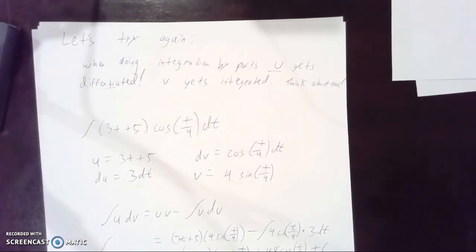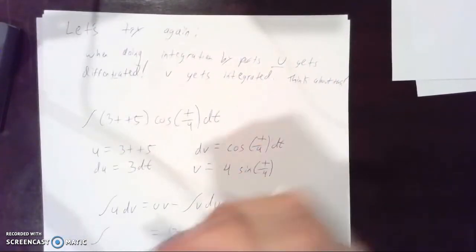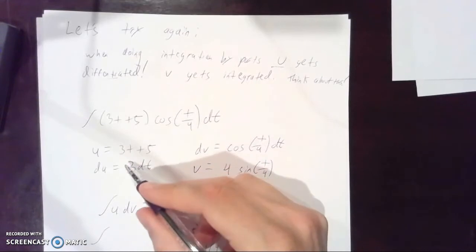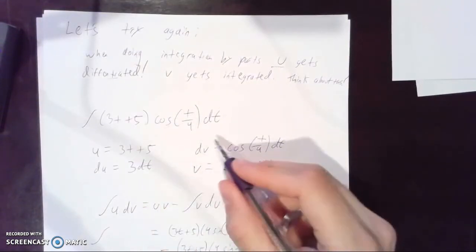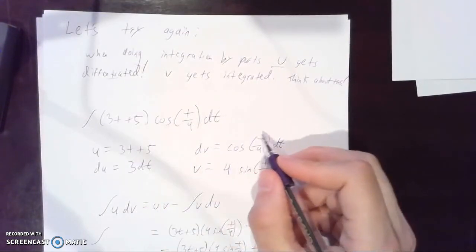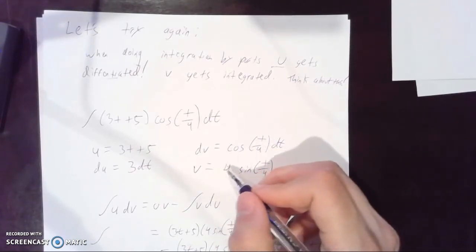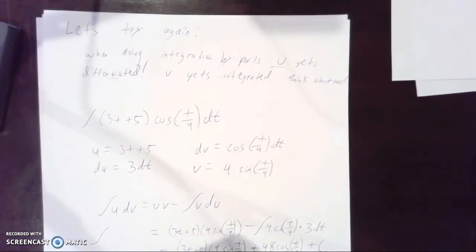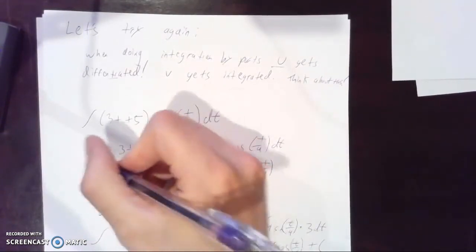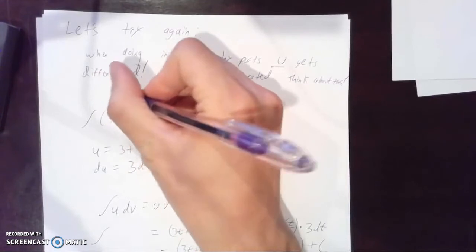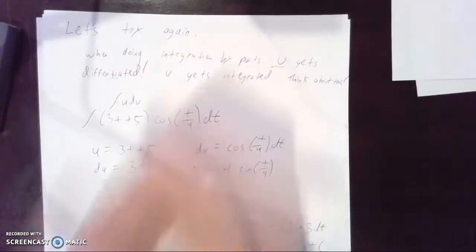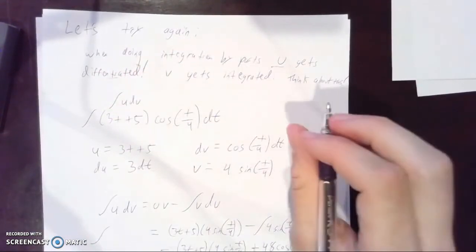So we made a choice that u was going to be 3t plus 5, then du is 3dt, dv is our cosine of t over 4 dt, and then our v is 4 sine of t over 4. So this is always going to be set up as the integral of u dv. Right? That's the beginning of our formula.